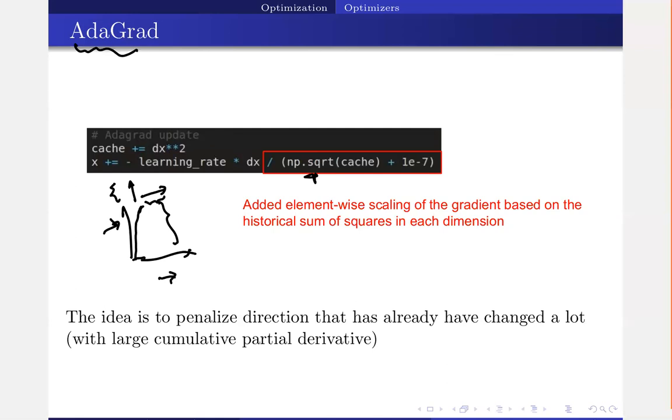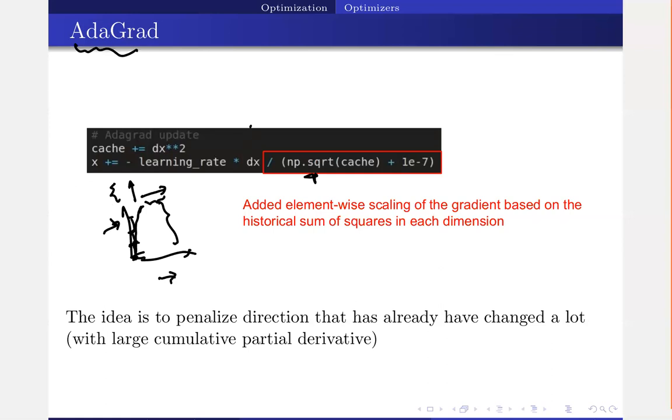So I will take the square of that. Basically, each time I move this way, for example, the first step has this much change here, and the second step this much change here. I square all of them and add them all together, and I use that to scale down that direction.